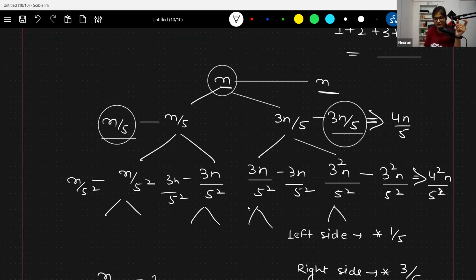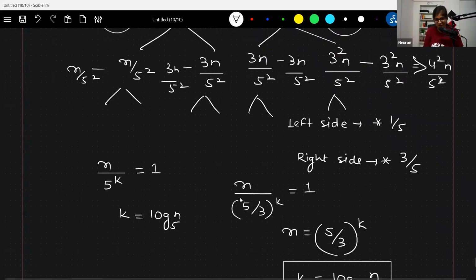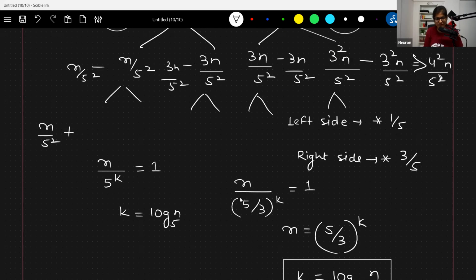Similarly, for the next level, if you add, you will get n/5 squared. So when you do the split, you get (n/5)^2 plus 3n/5 squared plus 3n/5 squared plus 9n/5 squared.